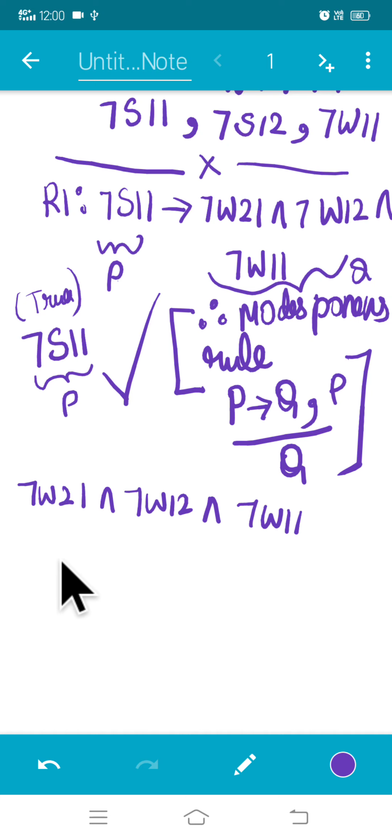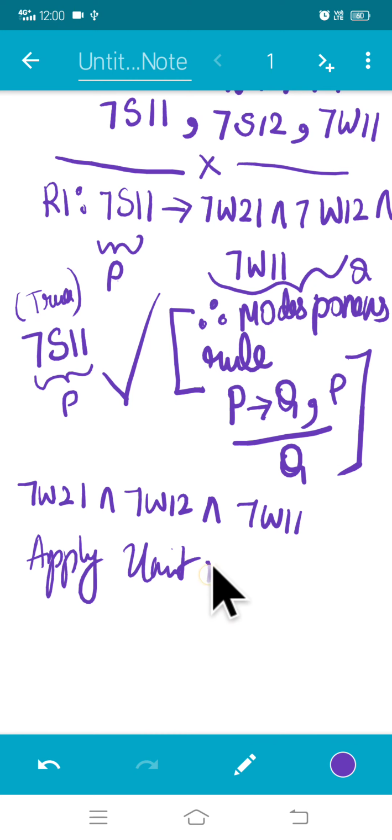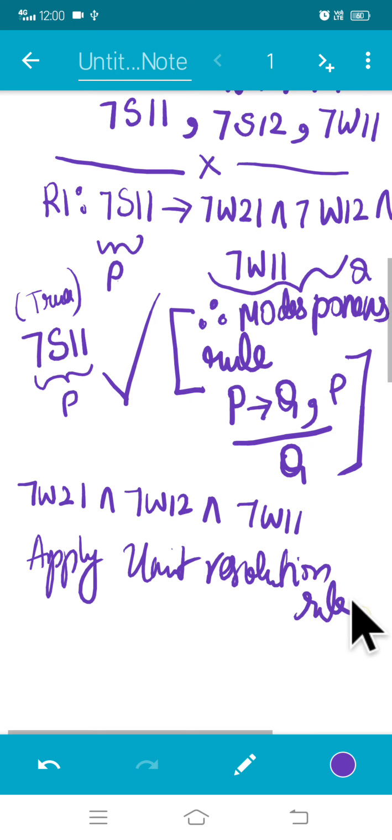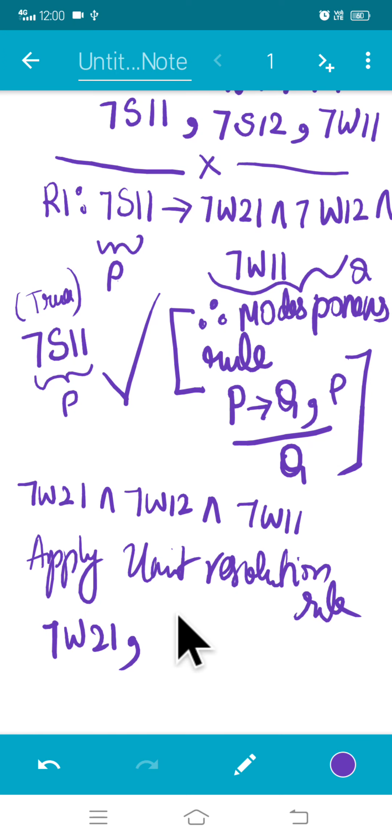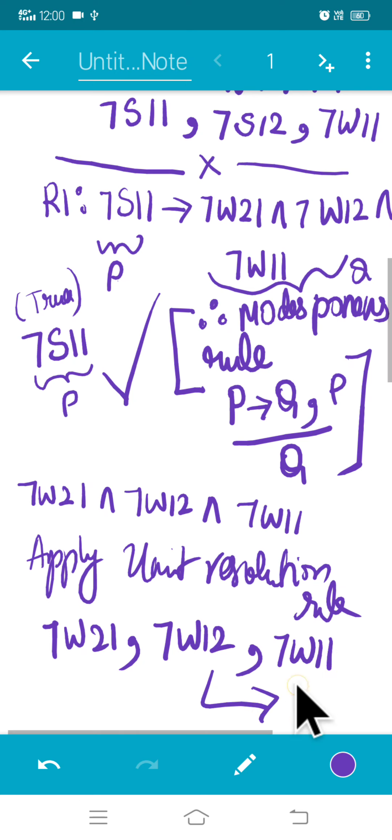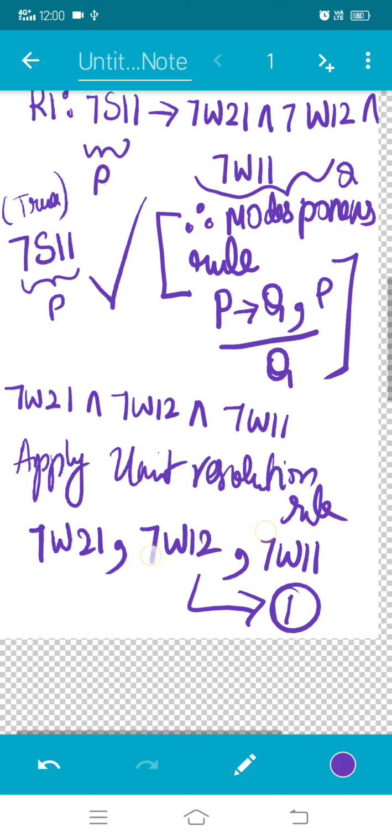So we can write, by applying the unit resolution rule, negation W21, comma, negation W12, we can split it and write negation W11. Okay, so we can have this as equation 1. So this is our first equation, first rule.